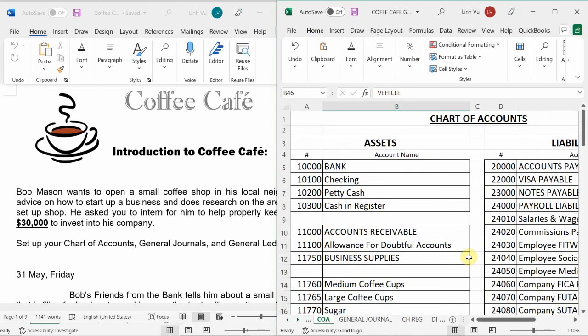Not only am I going to train you to become the bookkeeper, I'm also going to train you to become the accountant. So after 2 weeks of class, we're going to switch roles, and I'm going to have you tell me what to do for weeks 3, 4, and 5.